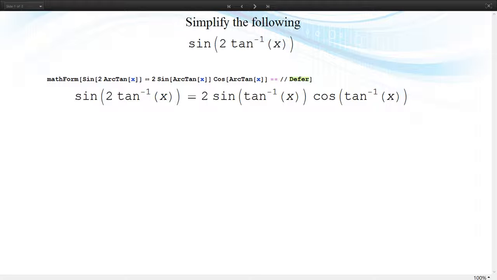So we're going to get 2 times the opposite, which is x, over the square root of x squared plus 1. And then we're going to multiply that by 1 over the square root of x squared plus 1.